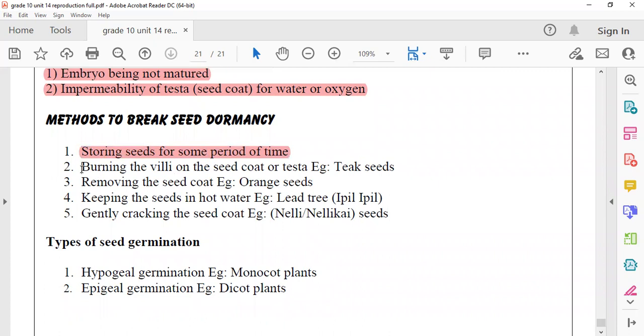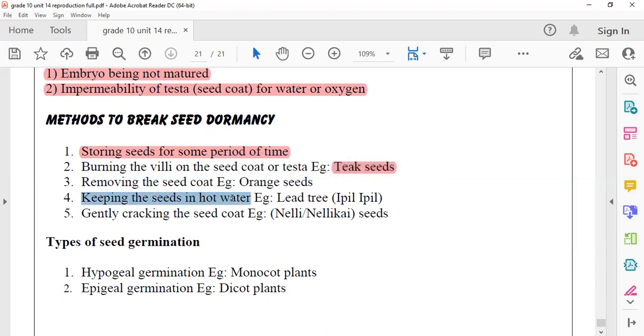Other things you can do: burning the villi on the seed coat or testa. In the seed, there will be a mark there. At that place you can give heat, light heat. That we try in teak seeds. Removing the seed coat, that we do in orange seeds.